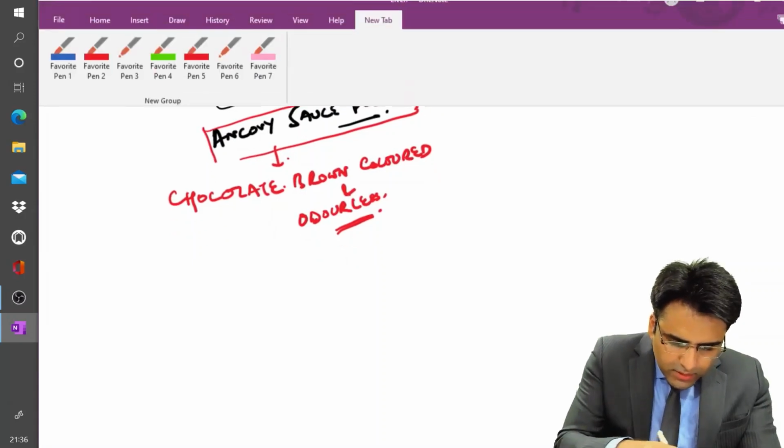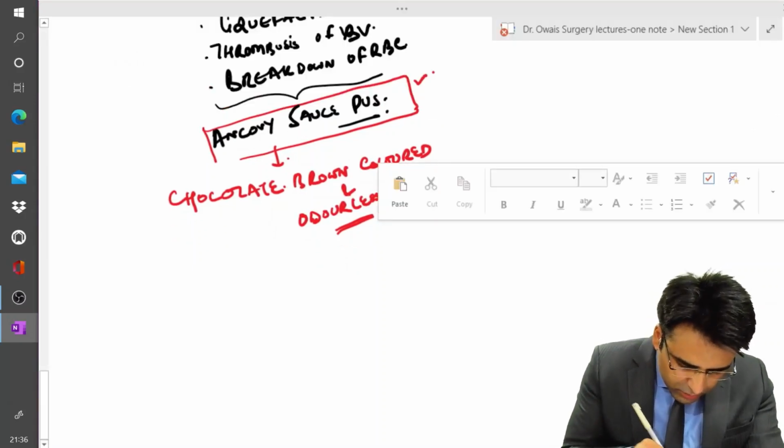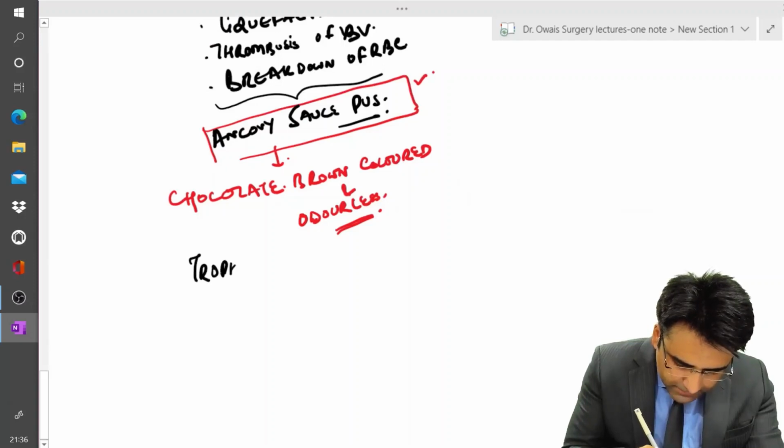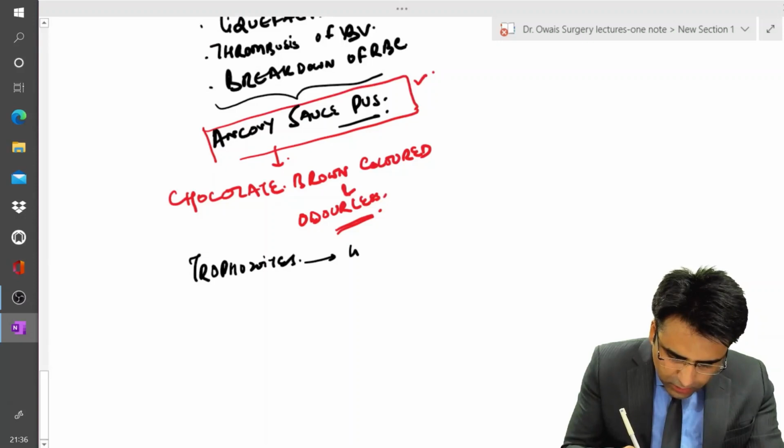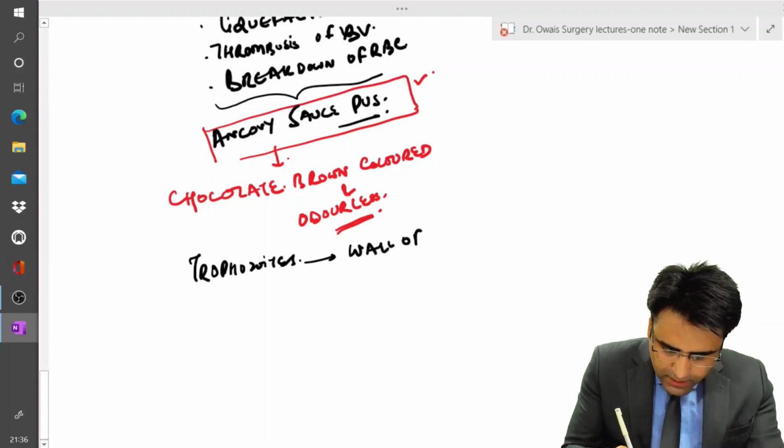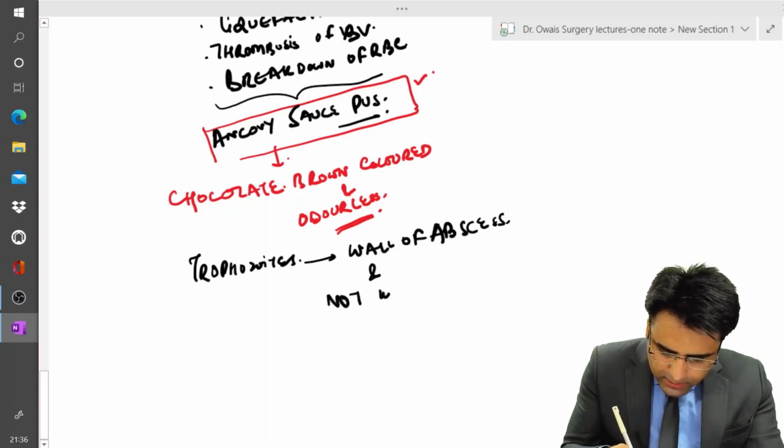Now, there is one important point. Please note that trophozoites are found in the wall of the abscess cavity and not in the content.